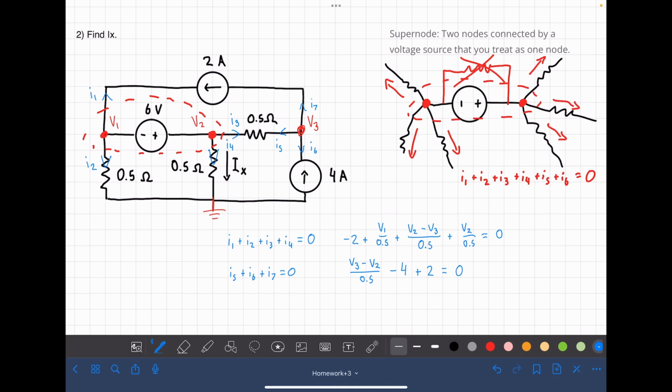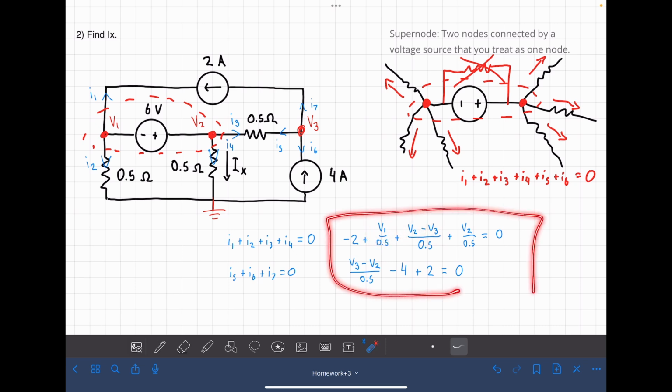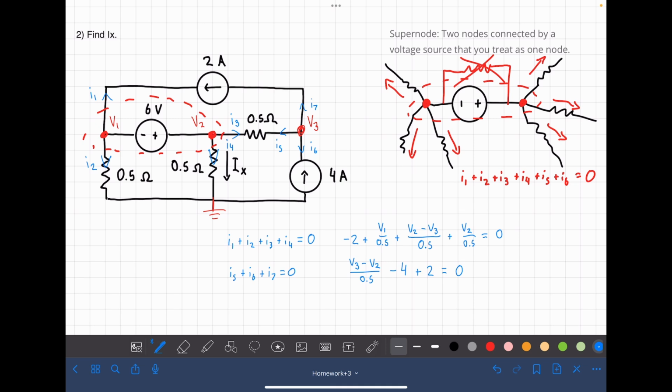And now we're going to solve our system of, oh, not yet. There's one more thing we need. You'll see we have 1, 2, 3 variables, only 2 equations. We need one more. That's where the supernode comes in. As you'll know, an ideal voltage source raises the voltage by the rating that it's rated for.